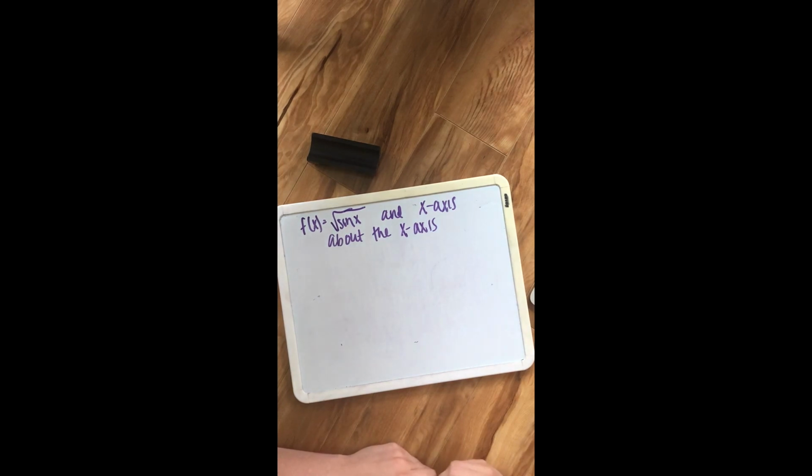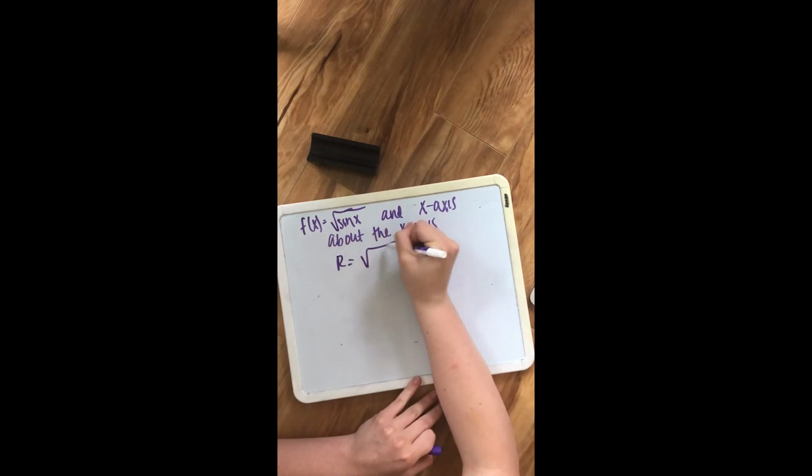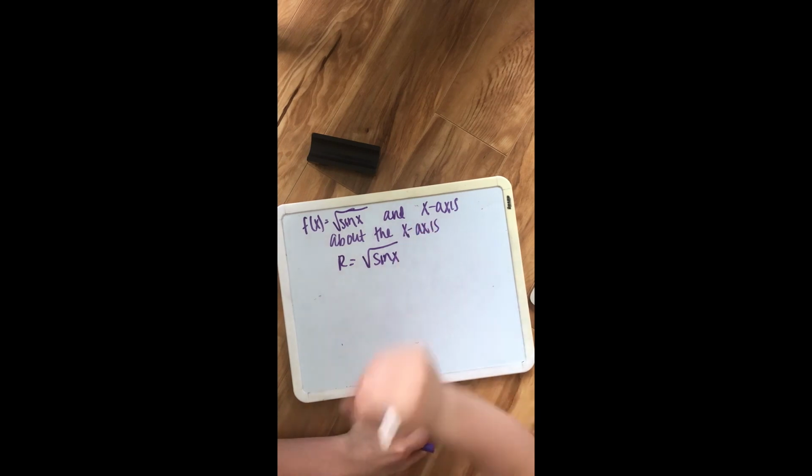We are going to find the volume of the solid formed by revolving the region bounded by the graph of f of x equals the square root of sine x and the x-axis about the x-axis. If we were to sketch this graph, we could tell that the radius of the solid is the square root of the sine of x. So r equals square root sine x.